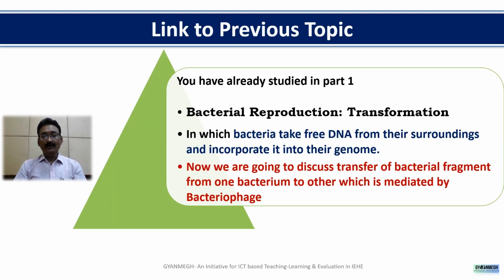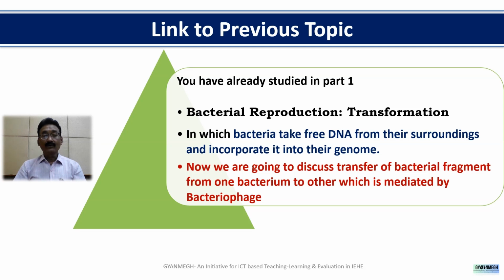As we have already studied in part 1 of this e-content, that is bacterial reproduction and the mechanism of transformation, in which bacteria take free DNA from their surroundings and incorporate it into their genome.